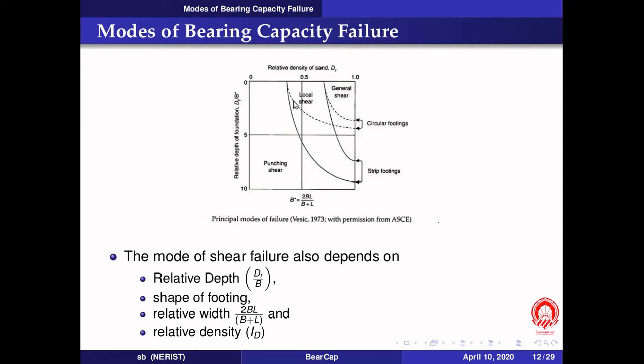Similarly, for the same relative density, depending on the depth and width, I may have either general shear failure or local shear failure or punching shear failure. So the mode of failure depends on a number of factors. Okay.